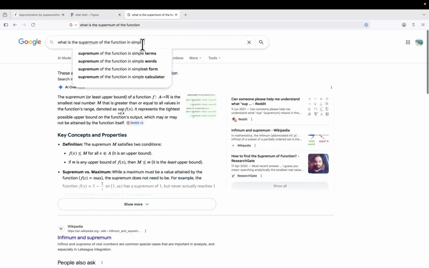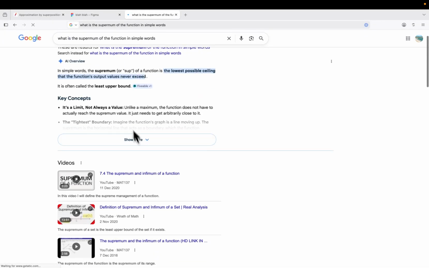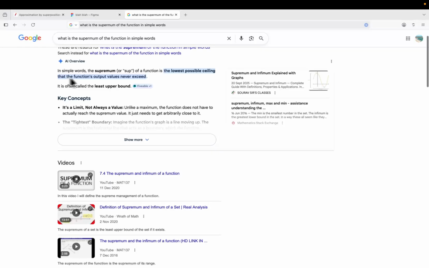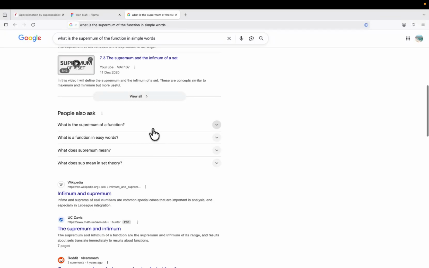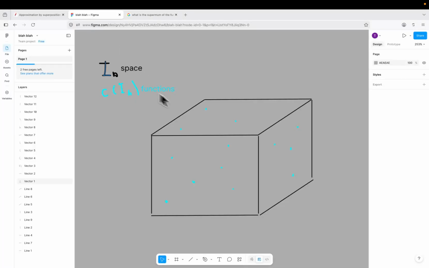In simple words, because I don't get that: the lowest possible ceiling that the function's output values never exceed. So it's like a limit. The smallest upper bound of the values attained by the function on the given domain. This is the largest value that the function can achieve.